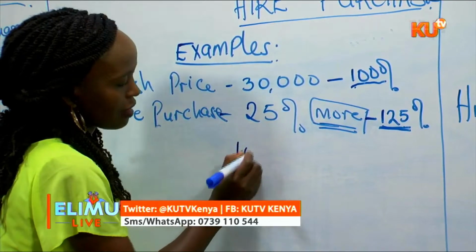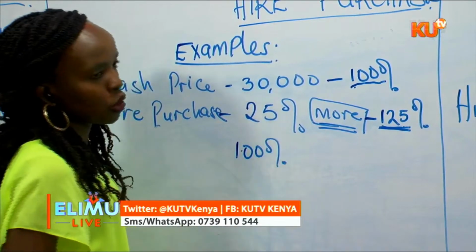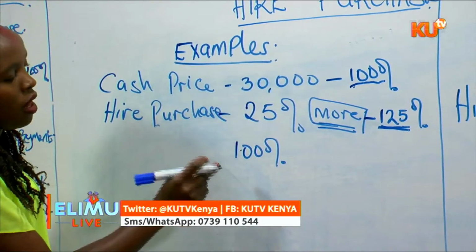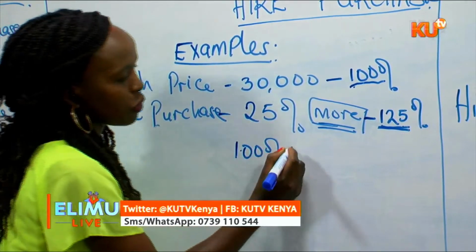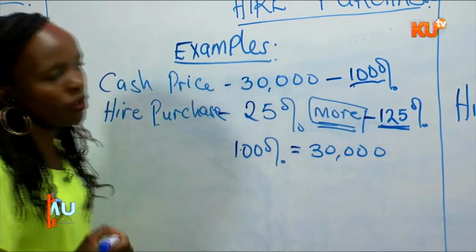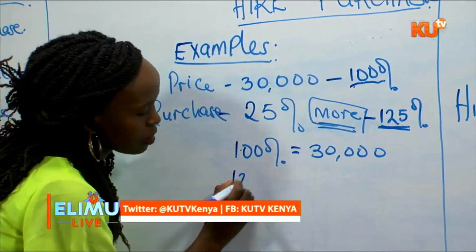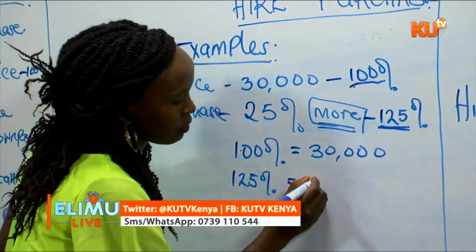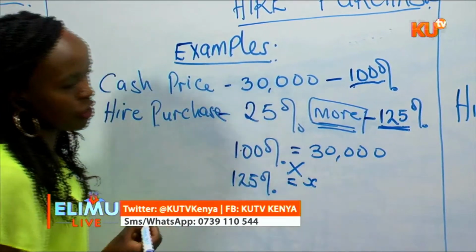So we come and say 100%. We use cross multiplication. I'm sure you have learned how to use that. We learned that in class 4. 100% is equivalent to 30,000. What about 125%? We come and cross multiply.